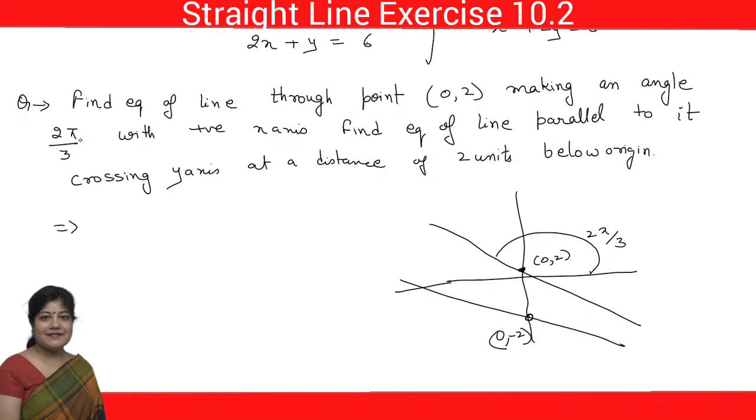So firstly we have to find the equation of this line. For this line L1, what is the slope? m is equal to tan theta. What is the angle? 2 pi by 3.